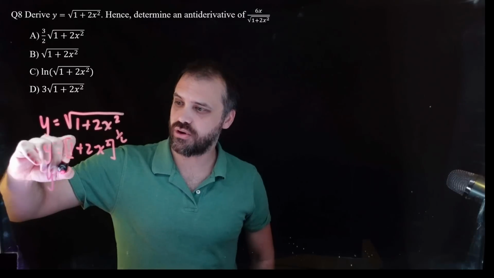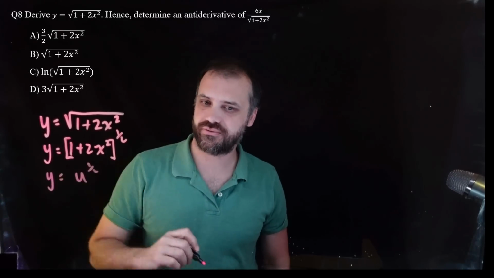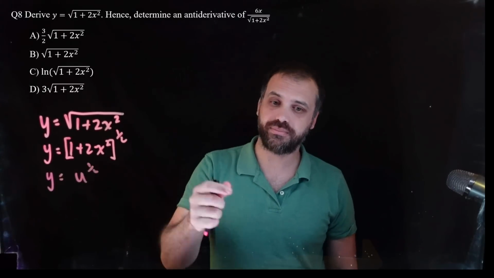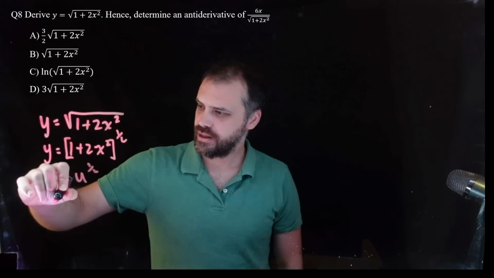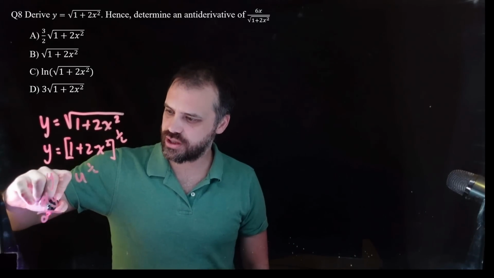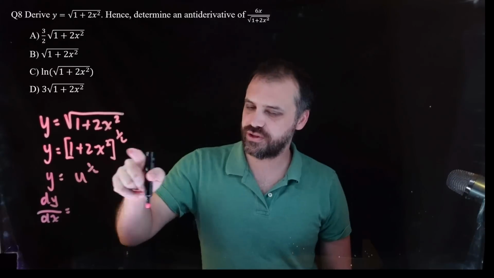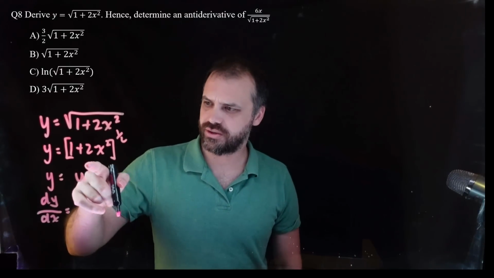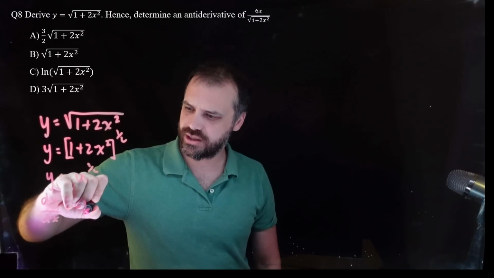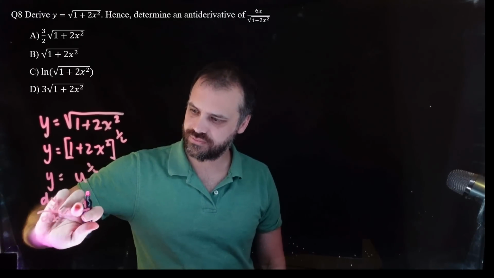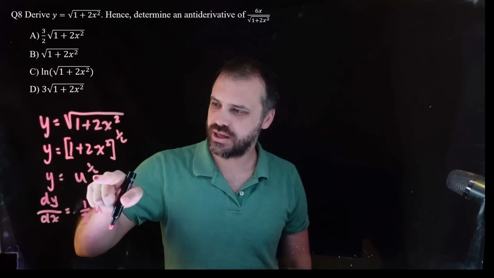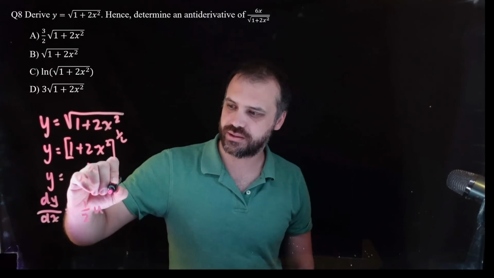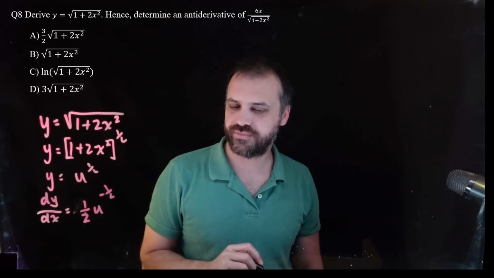So we'll just say y is equal to u to the half, where u is 1 plus 2x squared. The derivative, dy/dx, is going to be the derivative of that. This feels like deja vu from 2 questions ago. The derivative of that, so 1/2 u, and decrease the power by 1. So that becomes negative 1/2.